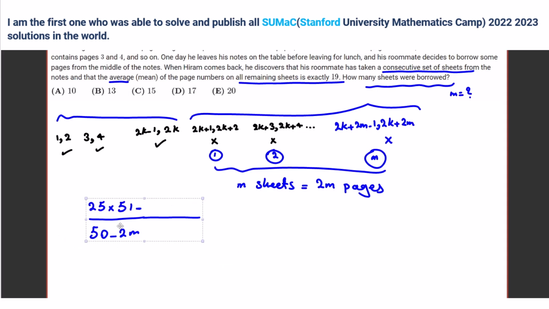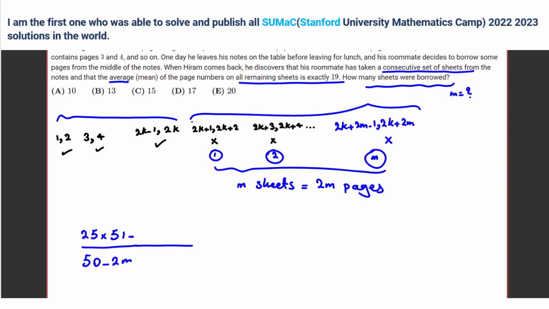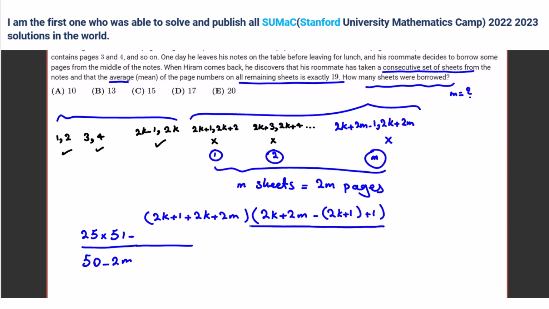So can you tell me the summation? We should write what? First one plus last one, right? First one plus last one times number of them, which means last one minus first one plus 1 because the common difference is 1. You don't need to divide by anything. And at the end, we divide it by what? 2. Exactly. We divide it by 2. And it is equal to what?